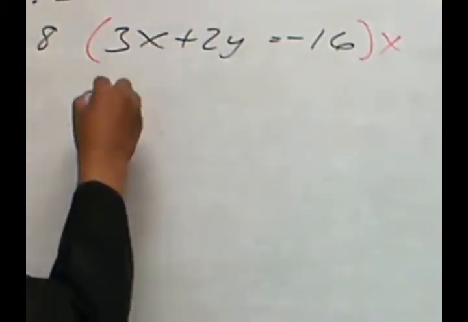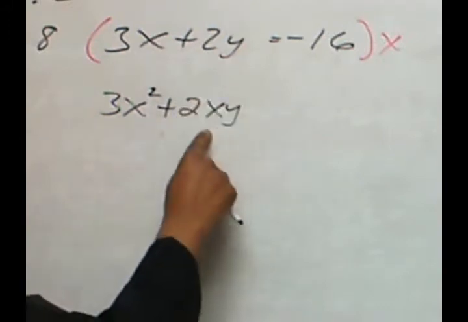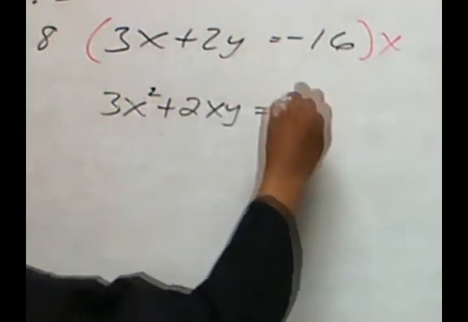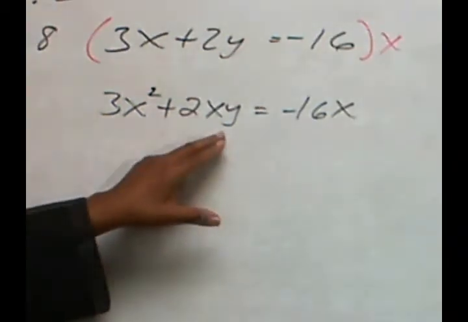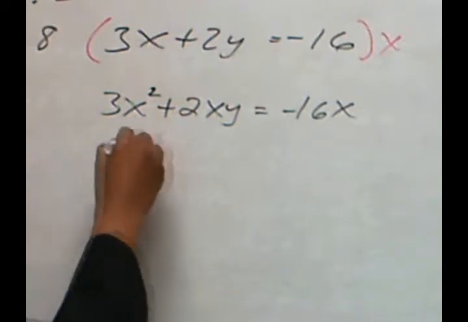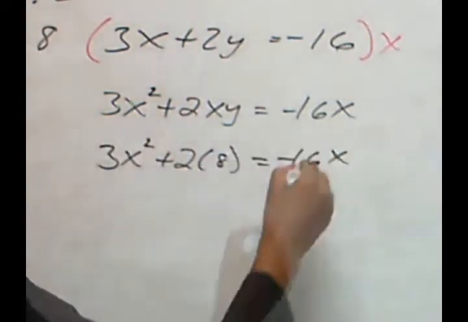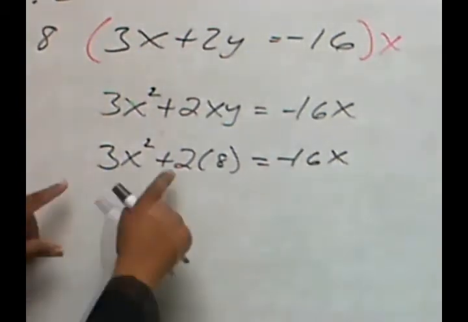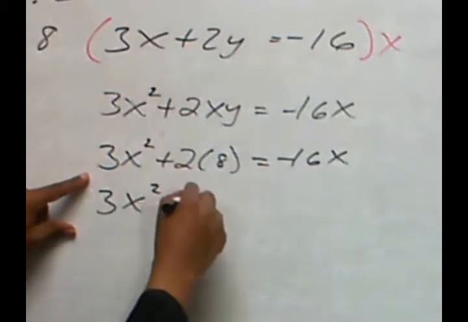And we'll get 3x squared plus 2xy, there's my xy right there, equals negative 16x. And now that I have an xy, it can be substituted for 8. So 3x squared plus 2 times 8 equals negative 16x. 2 times 8 makes 16.